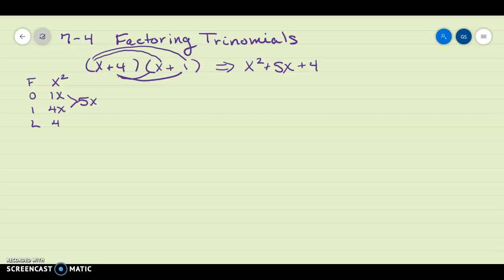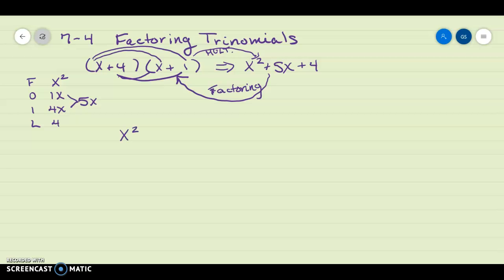Now, going forward, this is multiply. If I go backwards, it's called factoring. And here's what I mean. I'm going to start with the trinomial now.